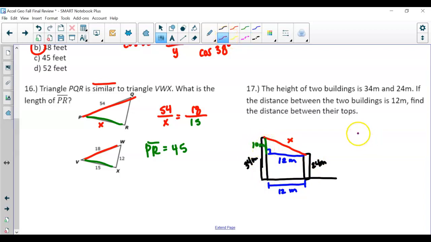So if I were to now redraw and separate this, this is a right triangle of side lengths of 10 and 12, and we're looking for X, Pythagorean theorem. So this is 10 squared plus 12 squared is equal to X squared. That's how you get that this is approximately, however you round, 15.6 meters or approximately 16 meters.